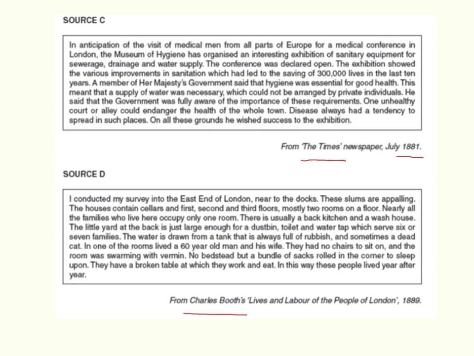Not just poor, not just struggling to eat, but living in more or less absolute poverty. And you can see from his account that this is the case. Water is drawn from a tank that's nearly always full of rubbish. Nearly all the families who live here occupy only one room, and some of the families are quite large. There are no chairs to sit on for a 60-year-old man and his wife. The room is swarming with vermin. It doesn't give a very good account really of the East End of London.